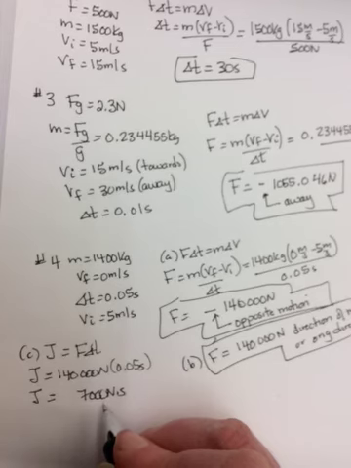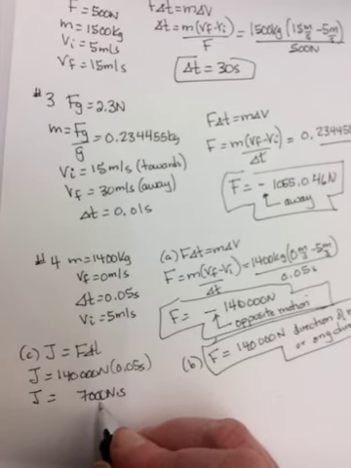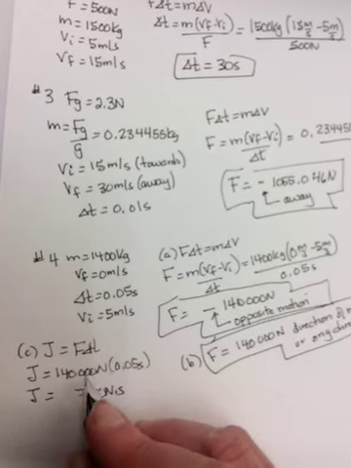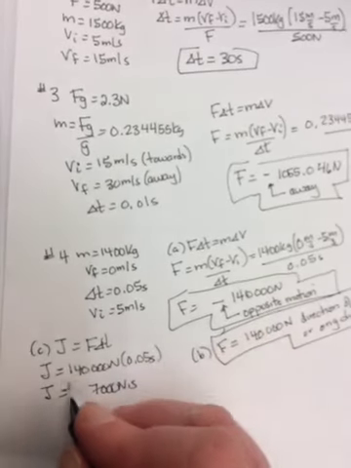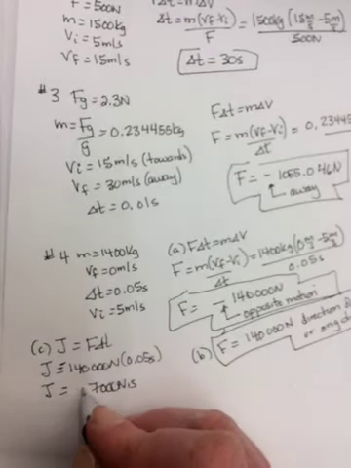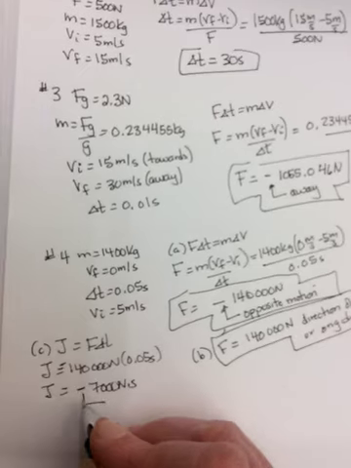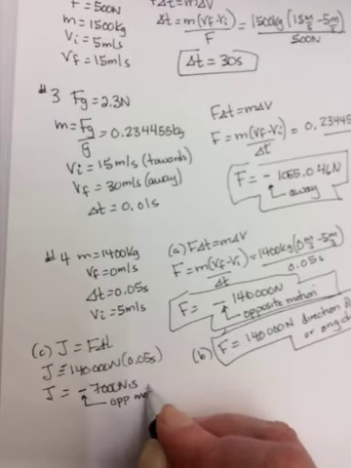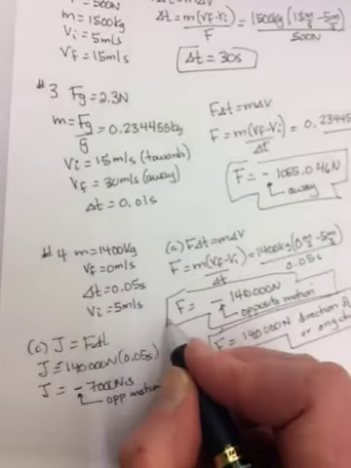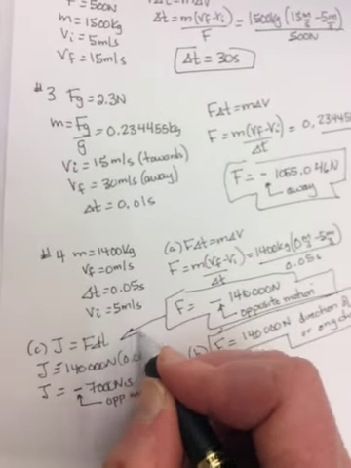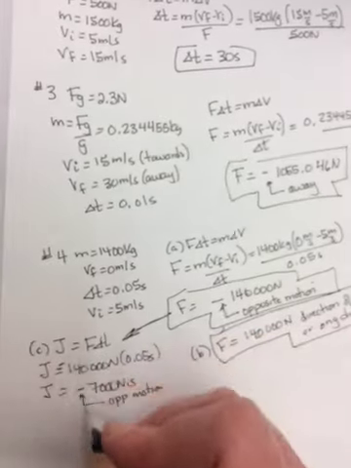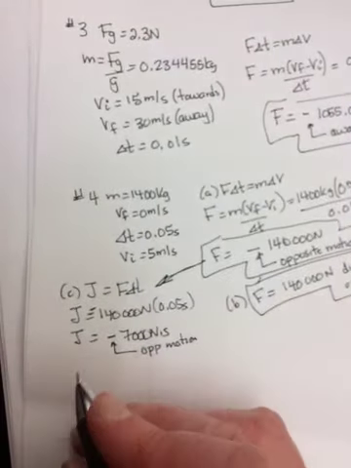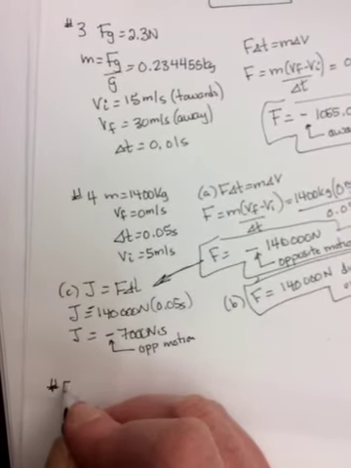And we're looking for the impulse that the car experiences. So this was the force the car experienced, so this should really be a negative, and this again will be opposite motion. Because we have to use this F in there, because this was the force on the car, and it was a negative. All right, number 5.